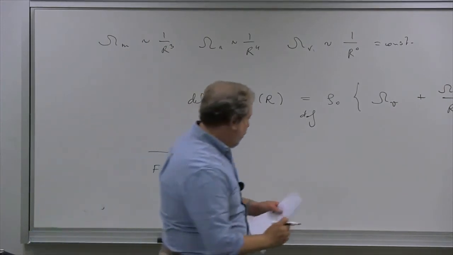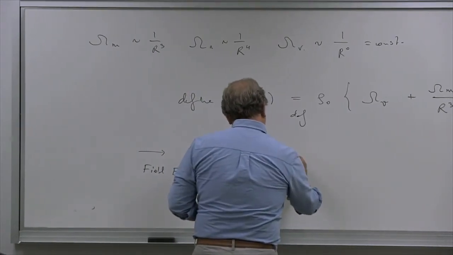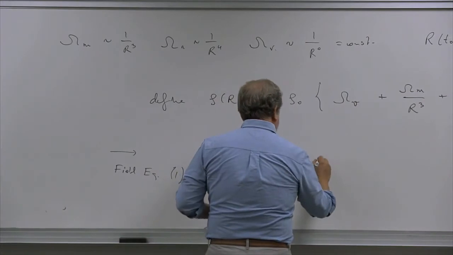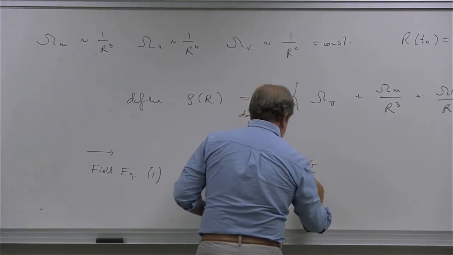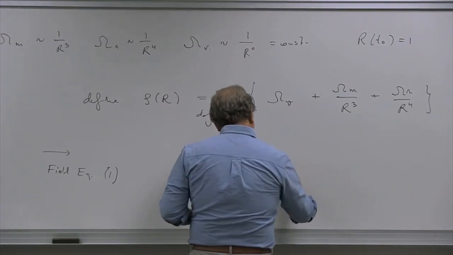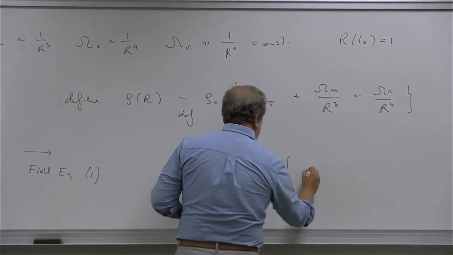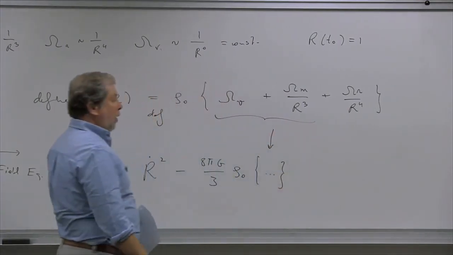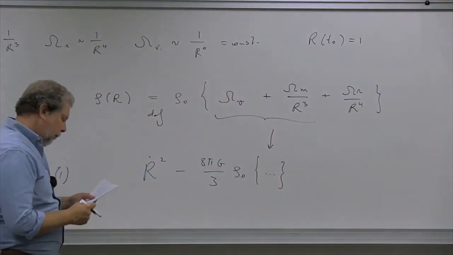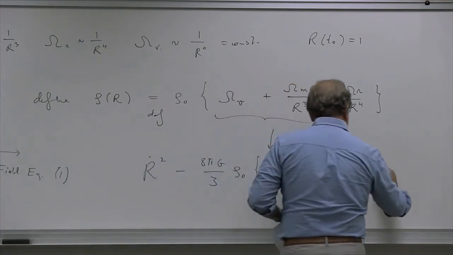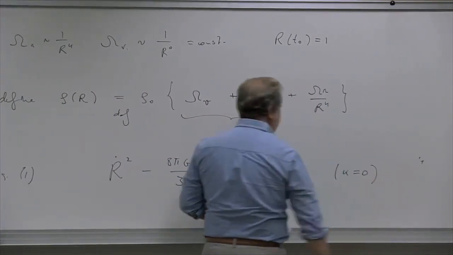Then that equation is that r dot squared minus 8 pi G over 3 times rho. Well, the rho here is rho naught times this part here that goes in there. And that is equal to 0, and that is in fact the correct equation when k is equal to 0.